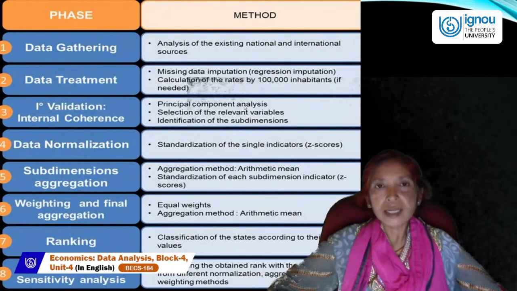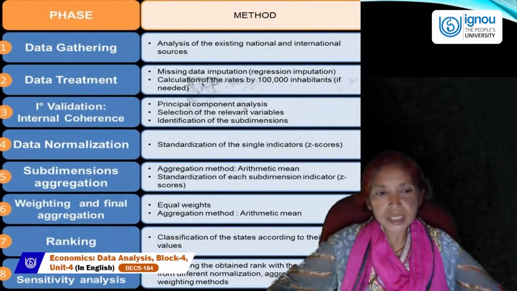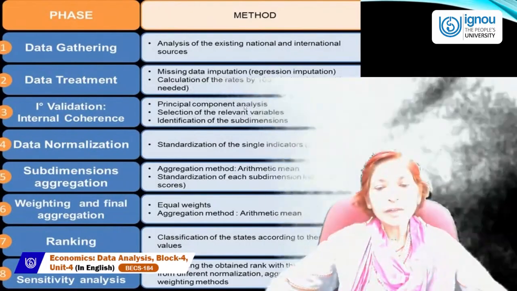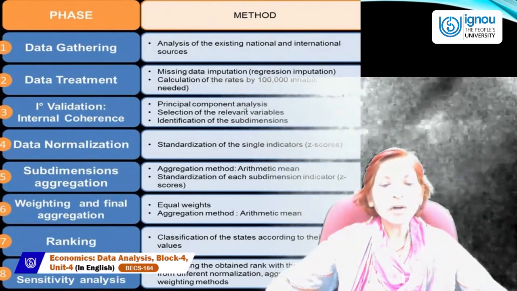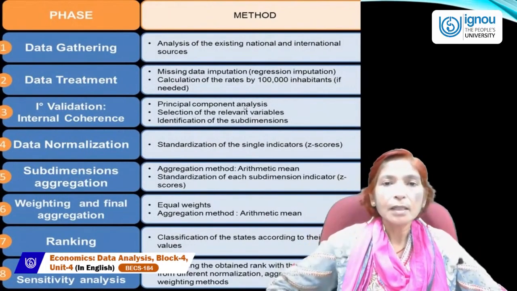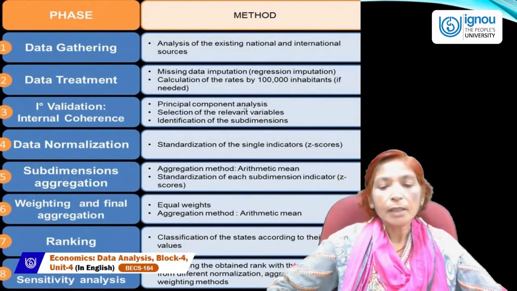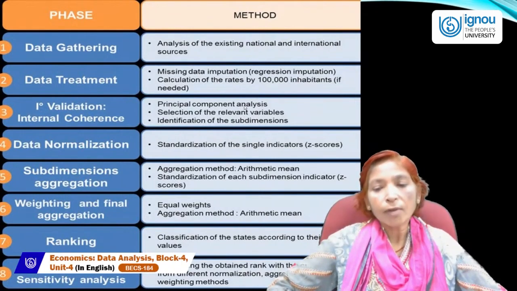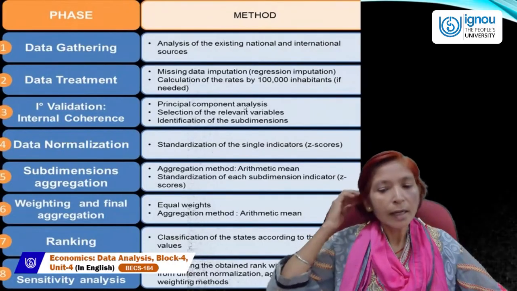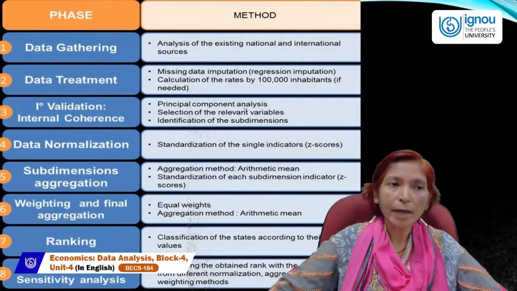Then weighting and final aggregation, equal weights, aggregation method, arithmetic mean, we can use it. Then ranking, classification of the states according to their obtained values. Then sensitivity analysis, generally compare the obtained rank with the ones resulting from different normalization, aggregation, and weighting methods.